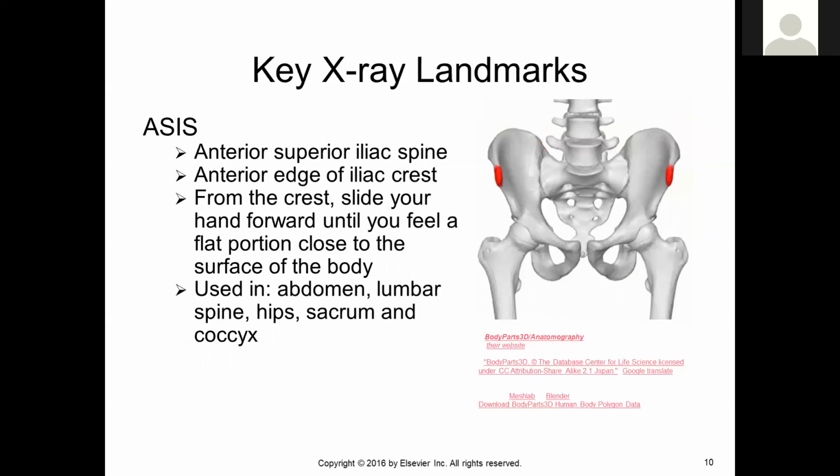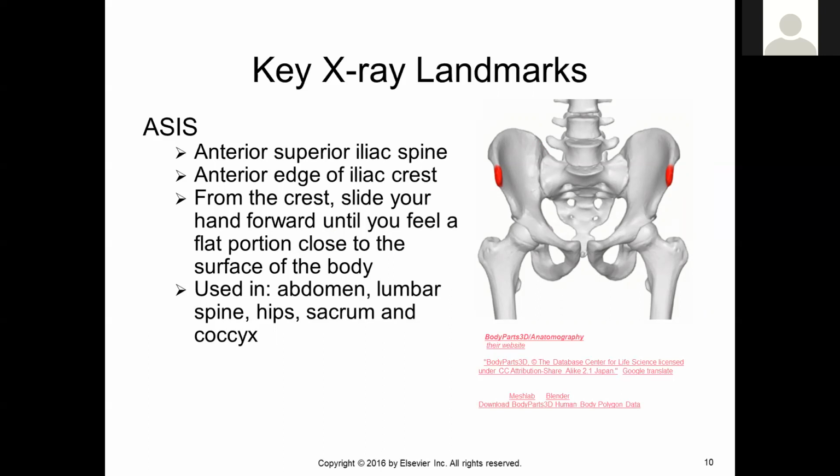Another very useful landmark is the anterior superior iliac spine, or the ASIS. This is the front edge, the anterior edge of the iliac crest. If you put your thumb back on the iliac crest, right at the top of the pelvis, and then you slide your thumb forward, you will feel a flat portion close to the surface of the body.